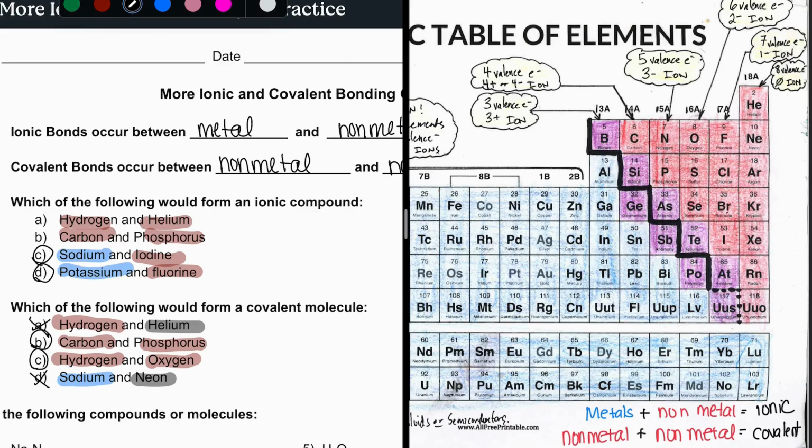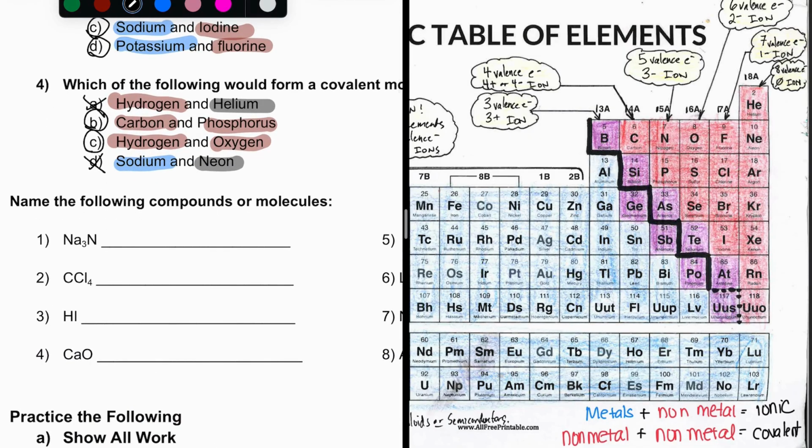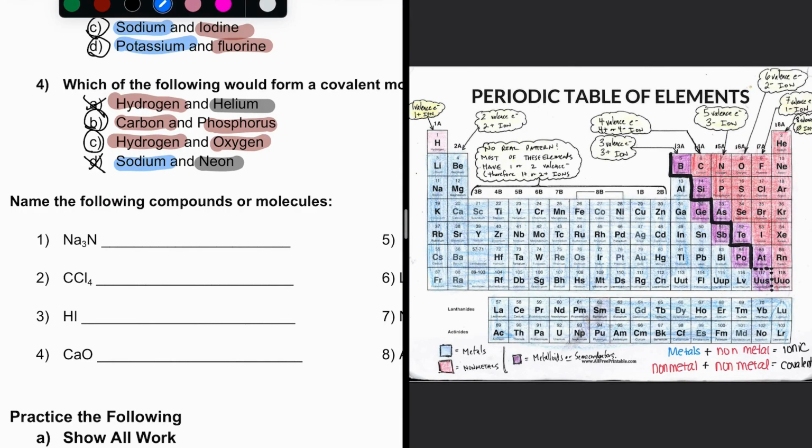All right, when I want to name my compounds down here in this next section, I can't do that without figuring out if it's an ionic or a covalent bond first. So if I look at the compounds that I have here, Na3N, sodium is a metal. Let's do the highlighter one.